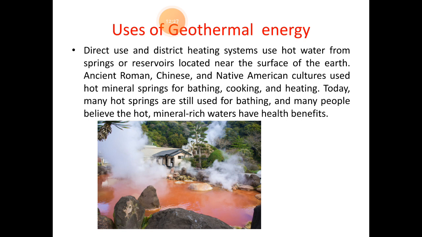So both types of power plants are shown down in the picture of this slide. After understanding the working principle of various types of geothermal power plants, we shall now discuss the uses of geothermal energy. The hot water springs are basically used for bathing, cooking, and heating for household purposes. Bathing in hot mineral water has good health benefits, which we call balneological benefits.